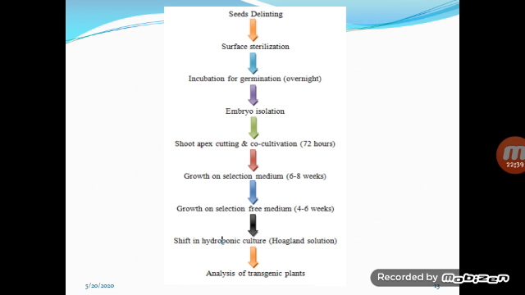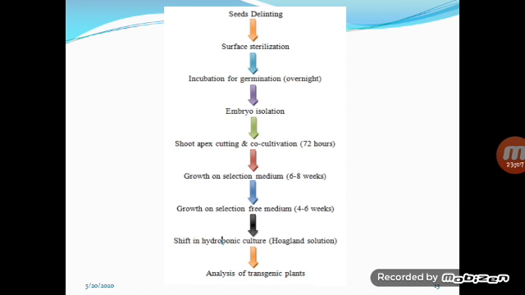Co-cultivate for 72 hours, which is nearly 2 or 3 days. Then grow on the selection medium. Selection will be of kanamycin and cefotaxime for 6 to 8 weeks, nearly 2 months.